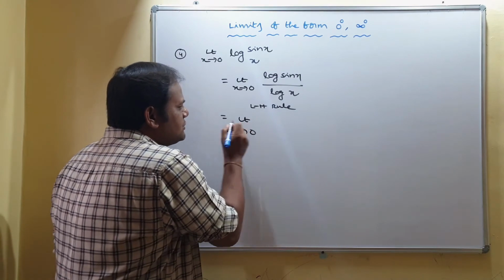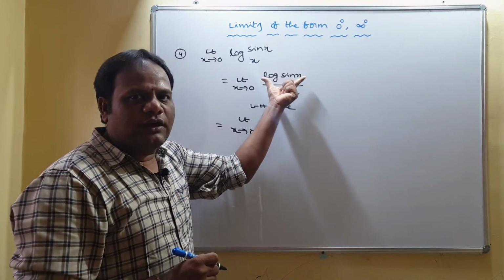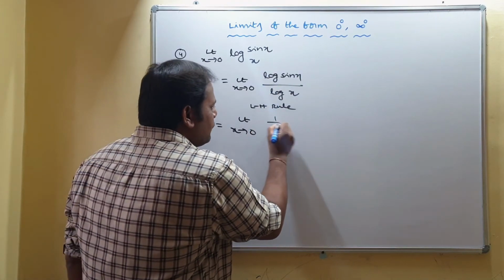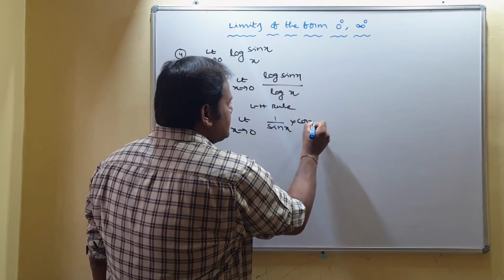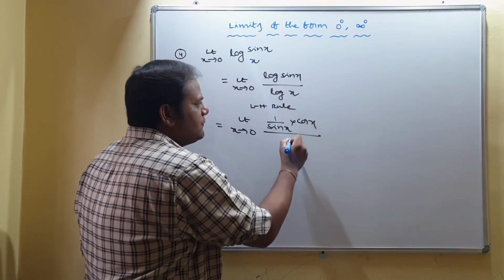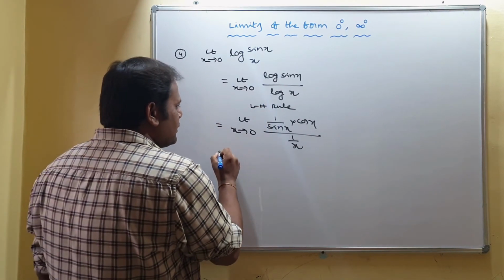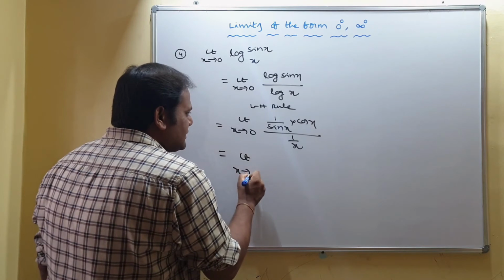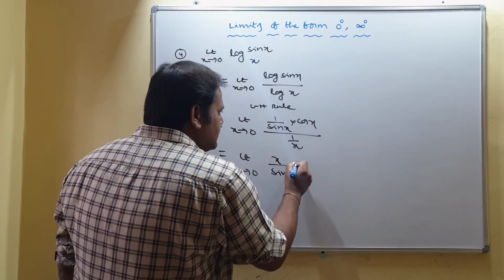So apply L'Hospital rule, limit x tends to 0. Derivative of numerator, that is 1 by sin x into derivative of sin x, that is cos x, by derivative of denominator, that is 1 by x. So now what we got is limit x tends to 0, x by sin x into cos x.